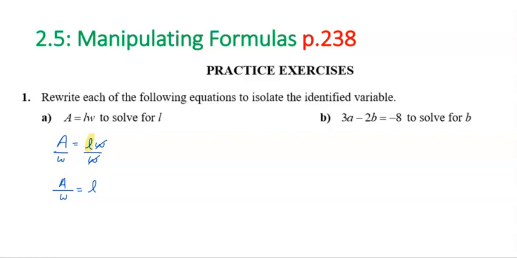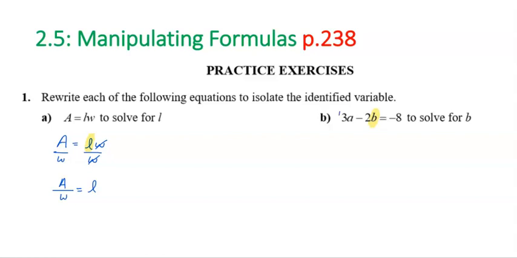For B, we have a formula that's not really a formula we're familiar with. We've got a and b, and so we need to isolate b. We have 3a minus 2b is equal to negative 8. We're going to be solving for b here, right here. And so we're going to need to isolate the 2b term before we can actually isolate b.